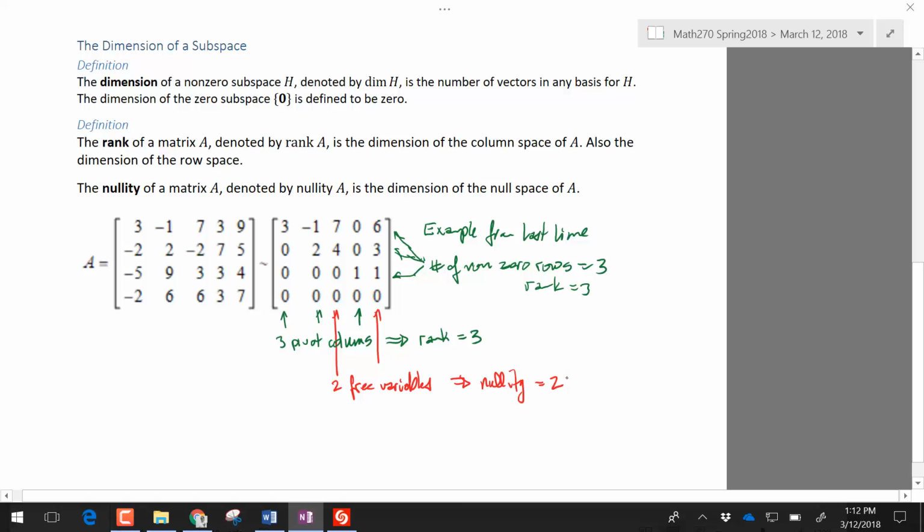And that's the dimension of the null space. The number of free variables you have tells you how many vectors span the null space. Okay? All right.